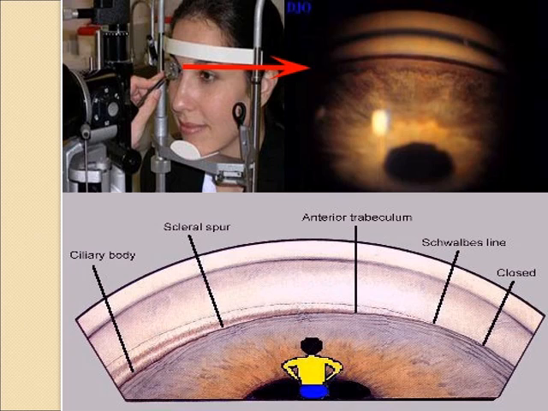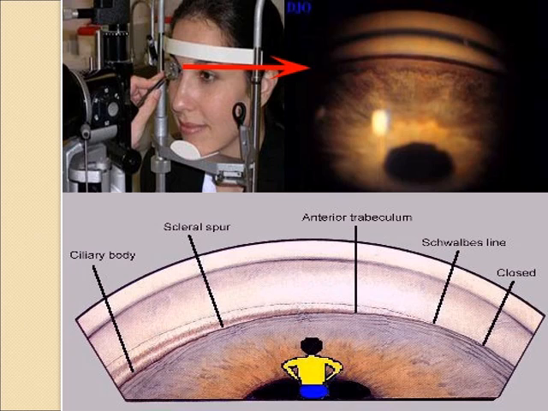What does the ophthalmologist examine in this slide? This ophthalmologist examines the angle. He is performing gonioscopy.